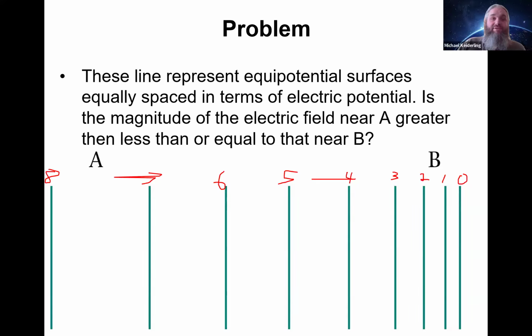Because the electric field is proportional to the change in electric potential, the electric field near A is less than that near B, because it's changing faster over here than over here.